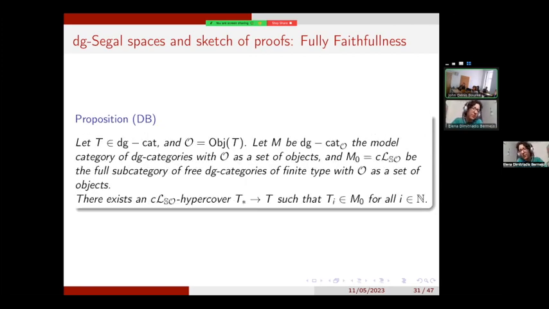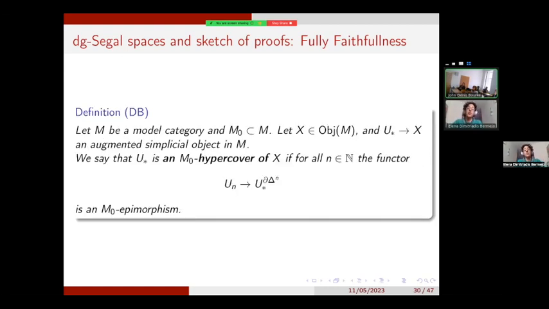Okay, having a definition for a model category is nice, but do we actually have these in our case? Can we construct a free DG category hypercover of any DG category?